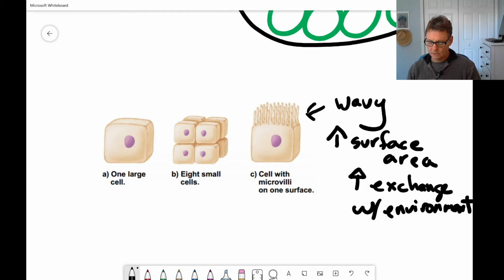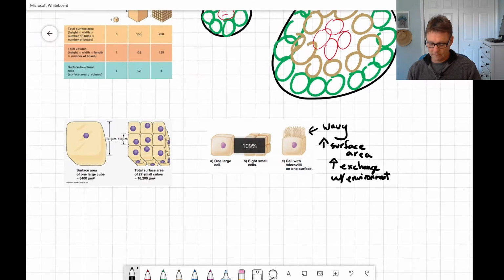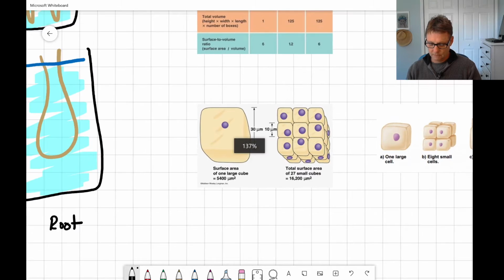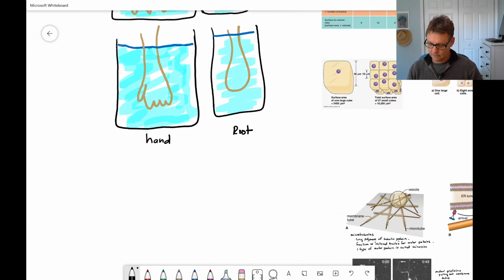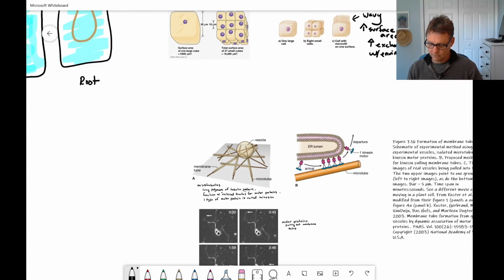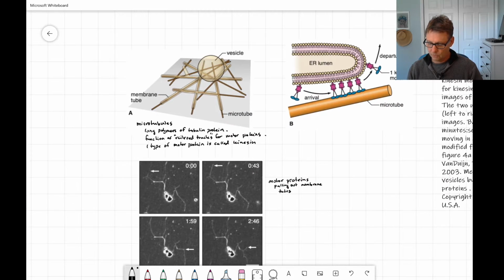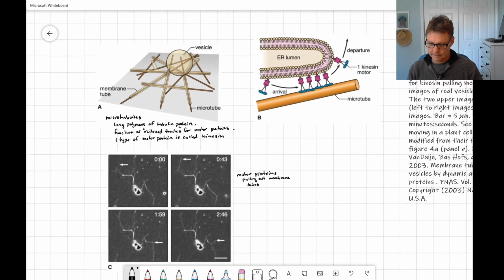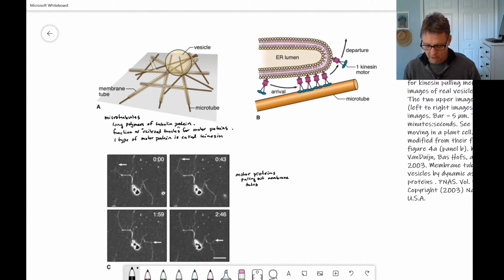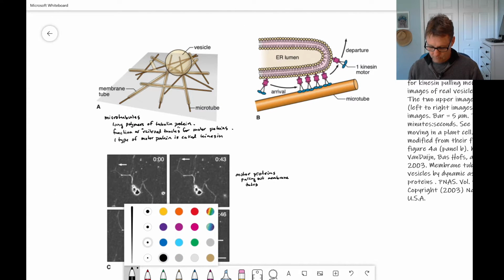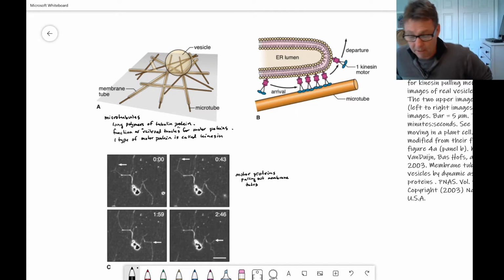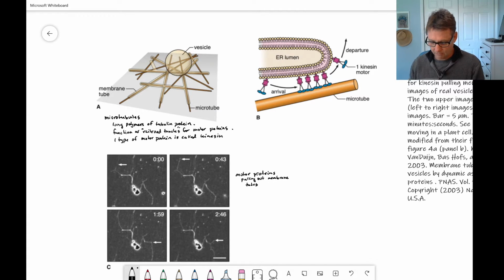Okay, so let's look at how wavy membranes came to be. So in your book, there's a couple of examples, and let's start over here with figure 7.16. And so on the top left in A, what we see is that there are microtubules inside of the cell made of tubulin protein, and they function more like railroad tracks.